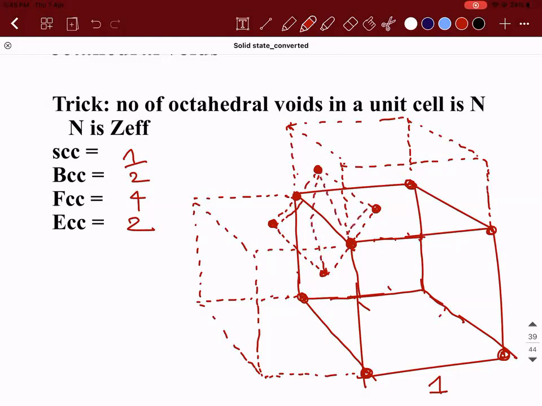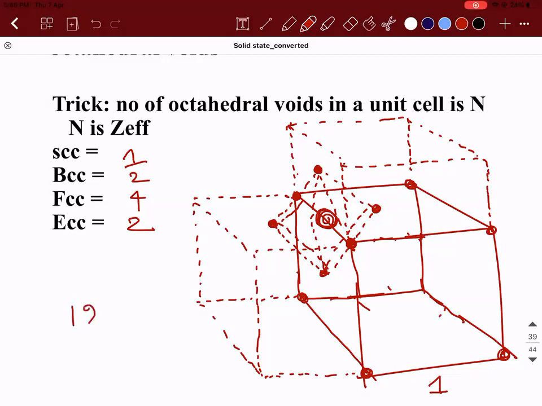So here your octahedral voids will be formed. Clear? An octahedral void is nothing but the connection of 6 lattice points. So this octahedral void is formed at the edges. So totally, how many edges will be present in a unit cell?